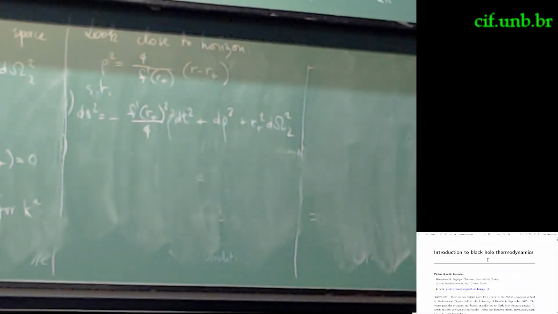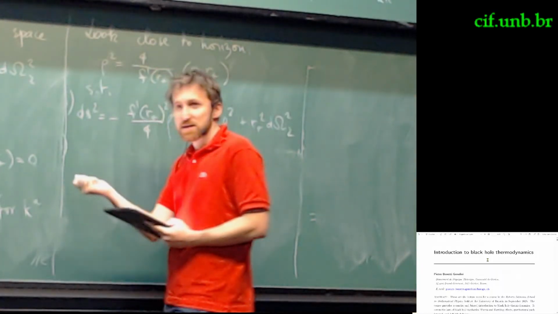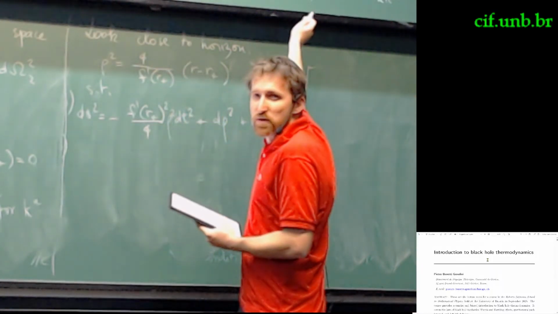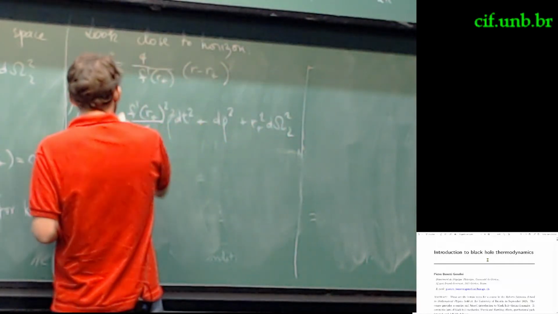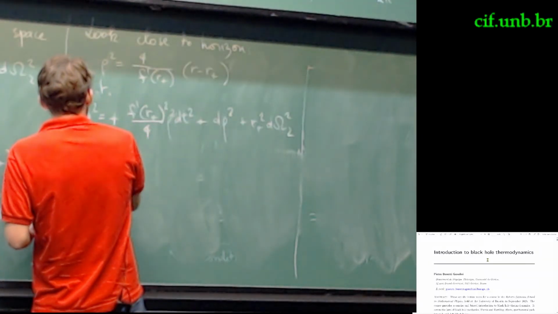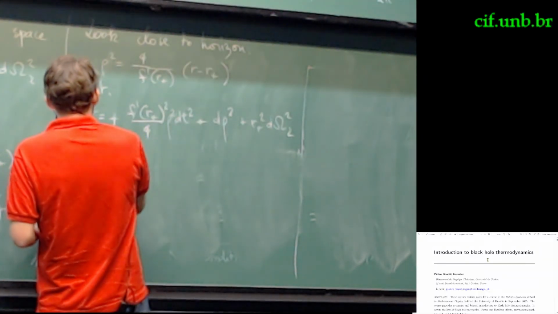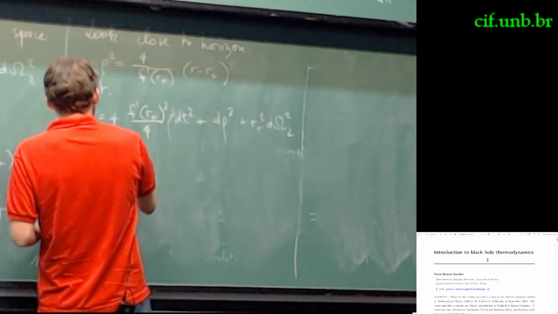Okay, now I do exactly what I was doing here. So I Euclideanize, because that's what I was doing in order to show the KMS condition. So I define t equal to i t_E.